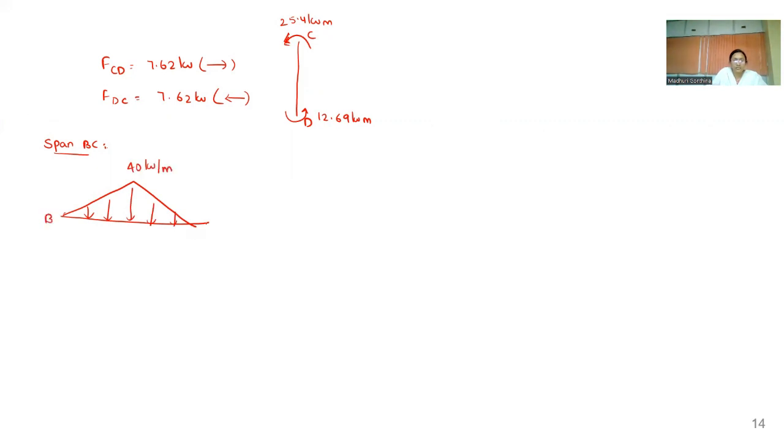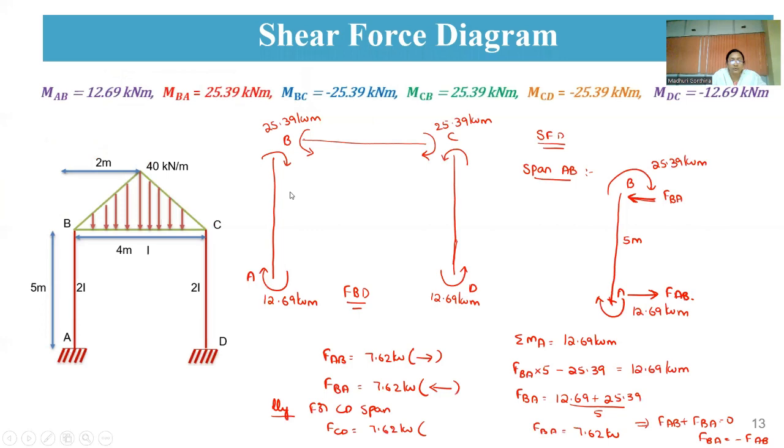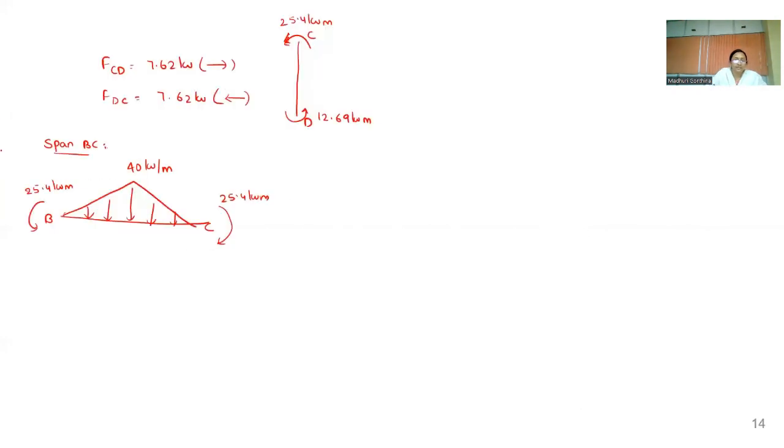So these are the supports B and C. And here you are having a moment at B as well as at C. So the moments are 25.4 kilonewton meter, and this is also 25.4 kilonewton meter. We'll just see, yeah, 25.39. That means 25.4 kilonewton meter.